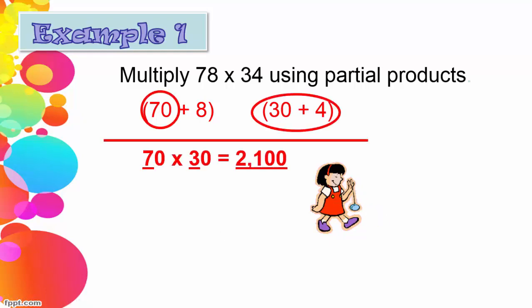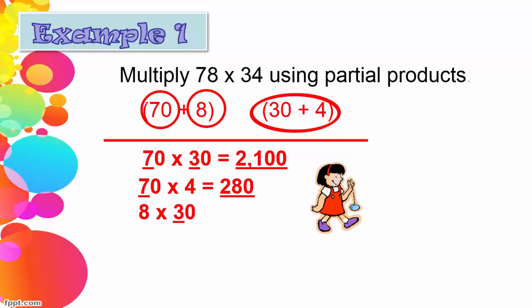And we found that 70 times 30 is equal to 2,100. 70 times 4 is equal to 280. And then 8 times 30 is 240, and 8 times 4 is 32.